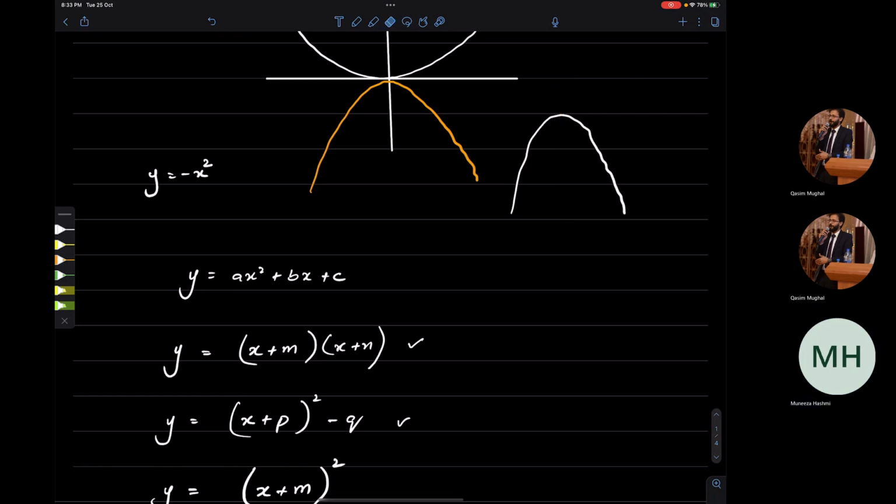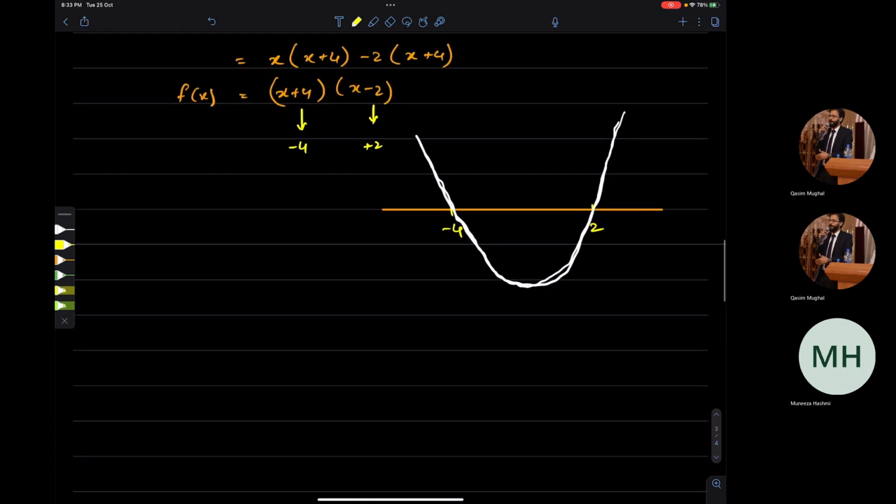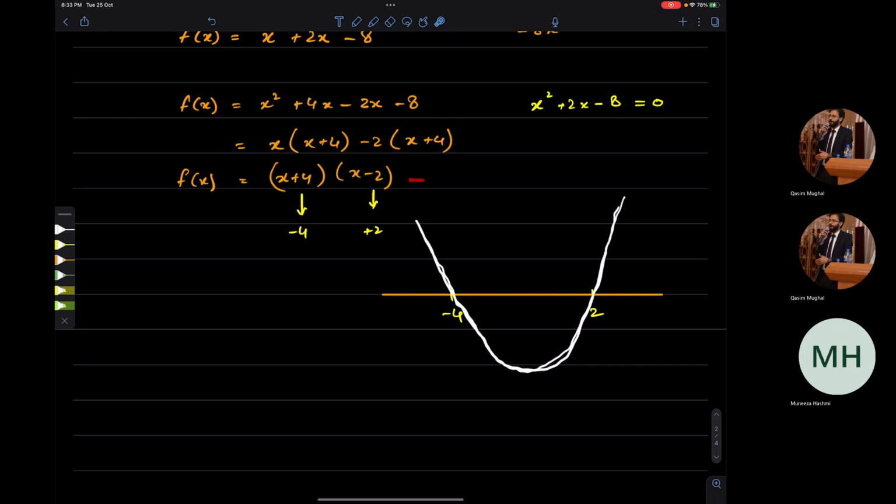This doesn't look exactly vertical, so let me draw a proper vertical line. Now, for the line of symmetry, when you have this particular format, you can get it by finding the midpoint of the 2 points where the graph is cutting through. That is going to give you the middle of it.